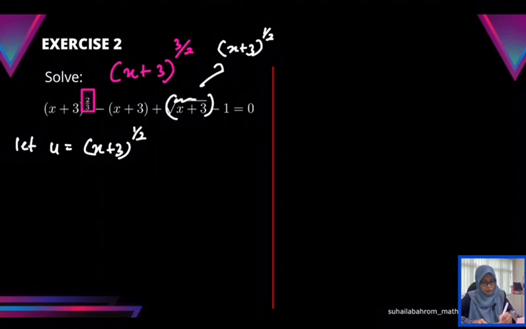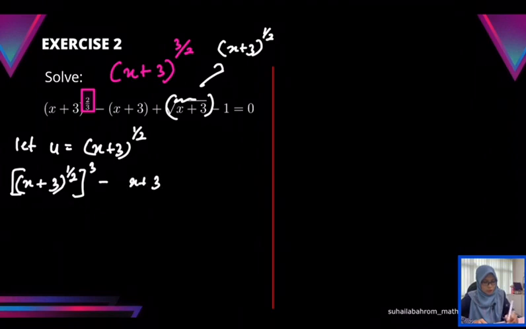Therefore, for the equation x plus 3 power of 3 over 2, we can rewrite as x plus 3 power of 1 over 2, and we can put that power of 3 outside, and then minus the x plus 3, which is square root of x plus 3 squared.